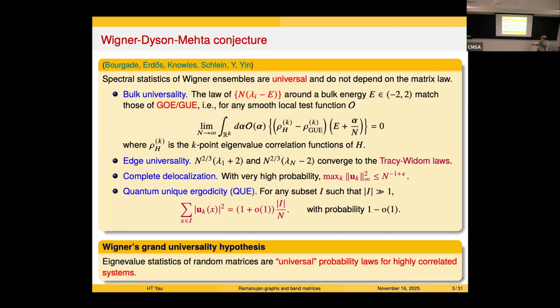So these are the average value, and little o(1) is the error term. So if you take an eigenvector and look at a component, maybe you take 100 sites and look at the average, then it becomes completely flat. And this is called quantum unique ergodicity. This is similar to the same statement in the manifold case.